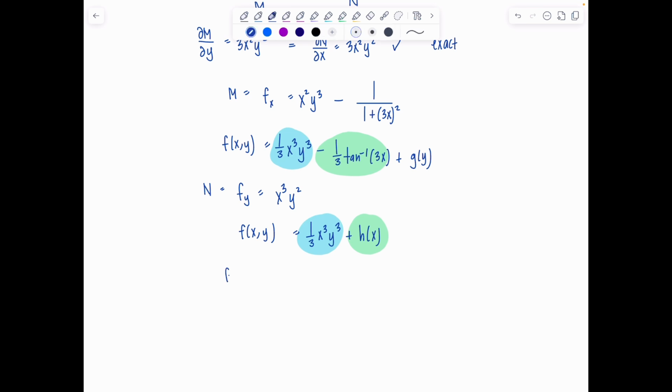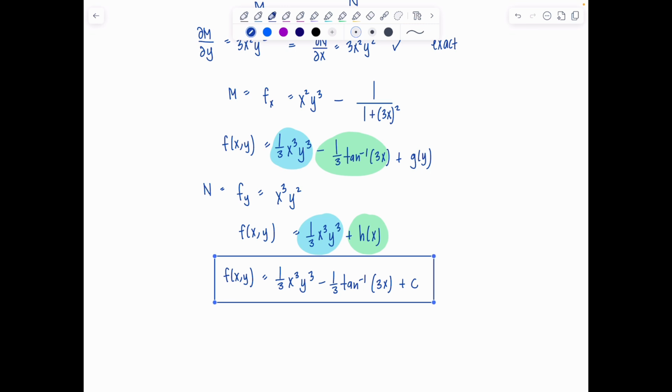So our solution f of x y is 1/3 x cubed y cubed minus 1/3 tan inverse 3x plus c. Another way you could write it, you don't have to put f of x y, you can just say all of this equals c. You've got some options.